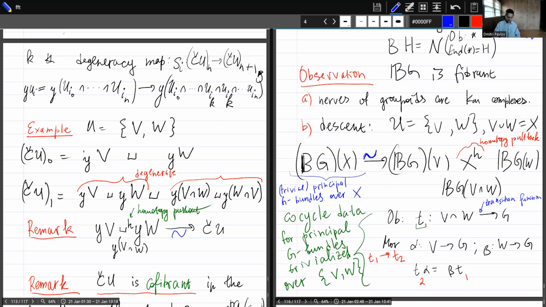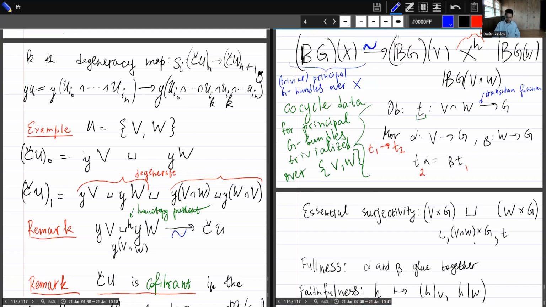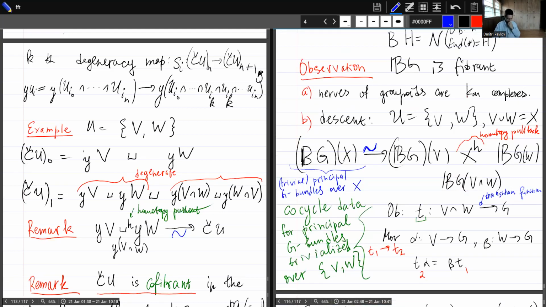So indeed, we do have an equivalence of categories. That's what I sort of indicated here. So this is an example of a fibrant simplicial presheaf in the Čech local model structure.